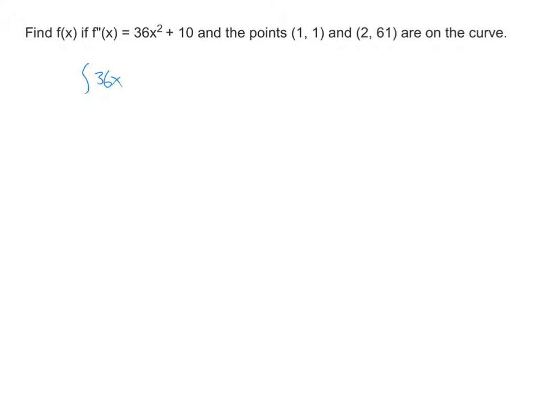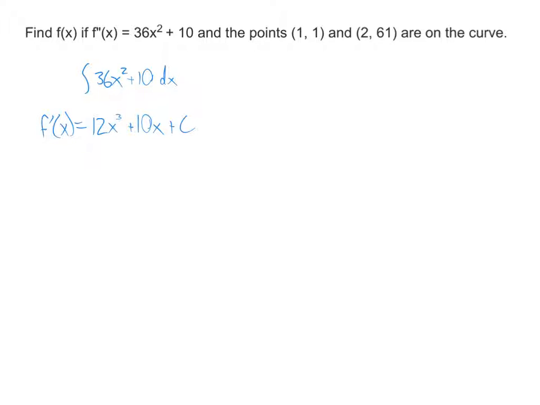We're going to take the integral twice, but notice here, if we do the integral, we get 36x cubed over 3, which is 12x cubed, plus 10x plus c. Now that is the first derivative. What's c? We don't know. But that's okay.